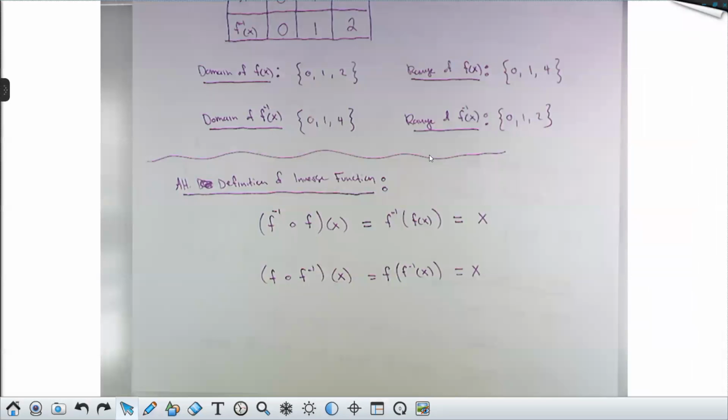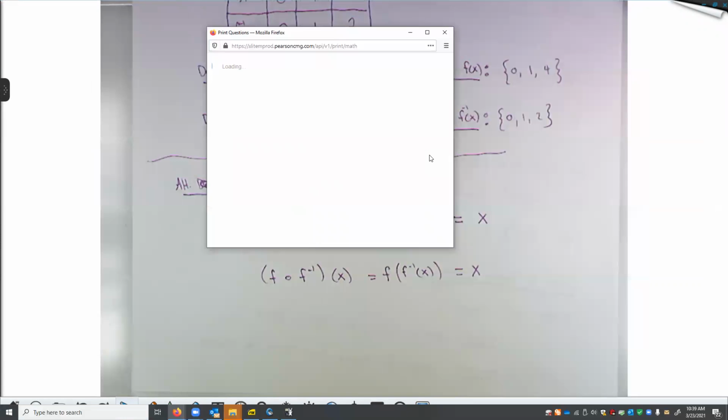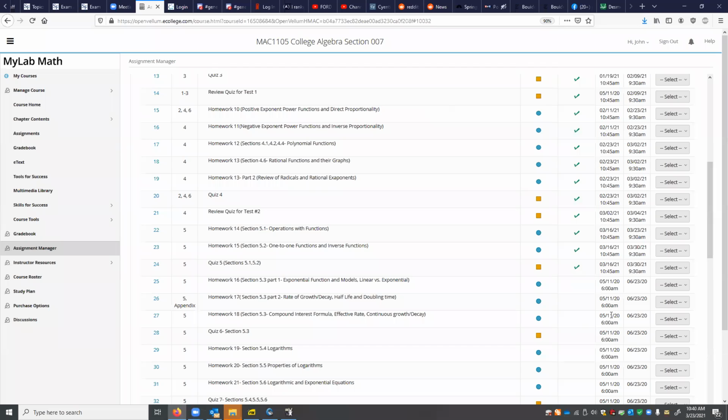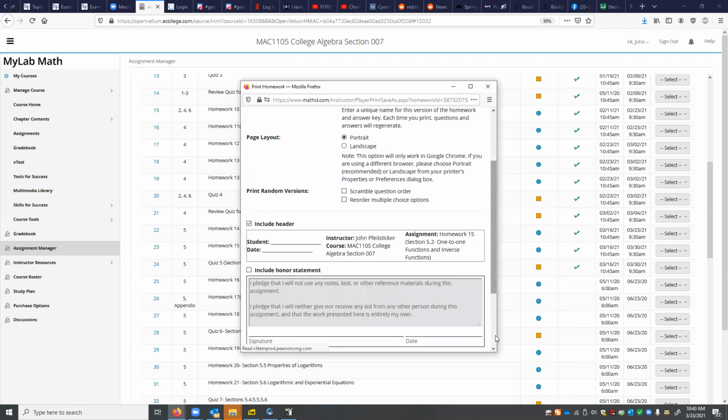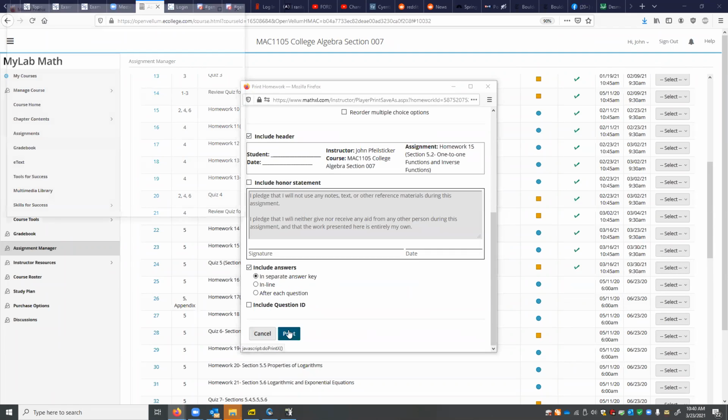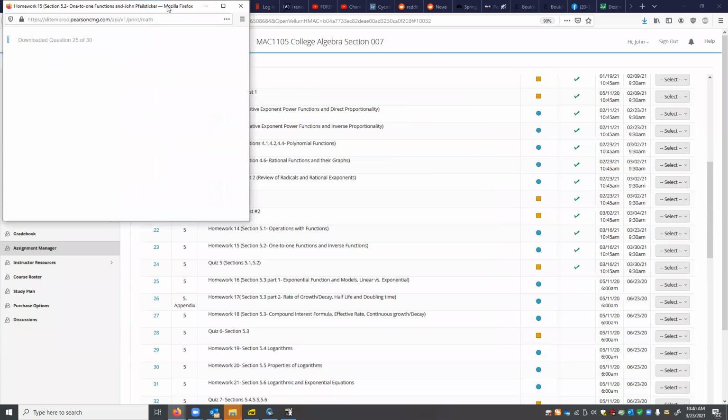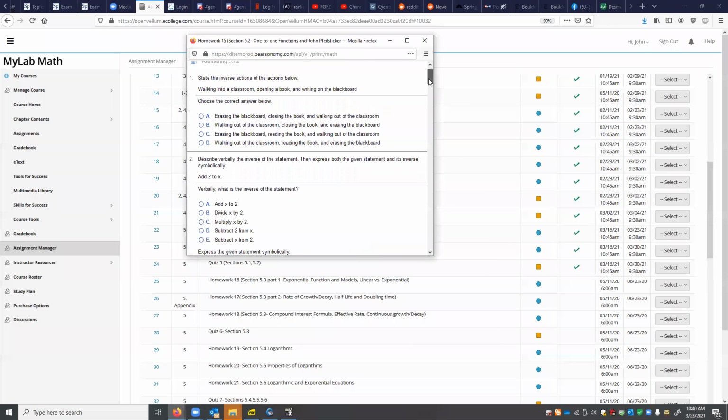I'll come back over here for anybody who still needs to write all those down. Come on, Pearson. There you go. I know you could do it.